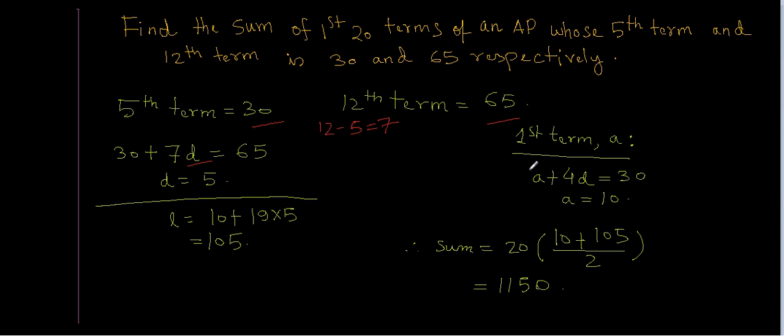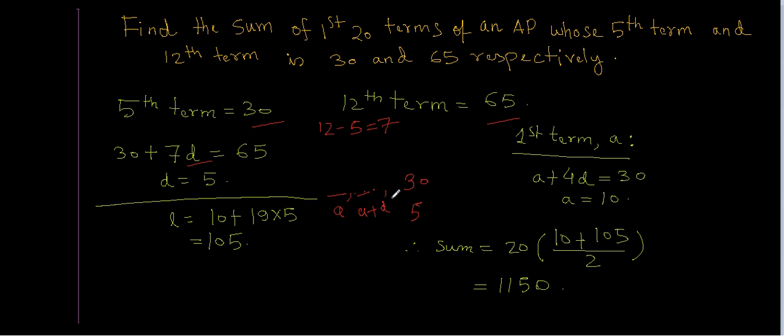Similarly, we can find the first term. So the fifth term is 30. Let this be the first term, so the next term will be a plus d.